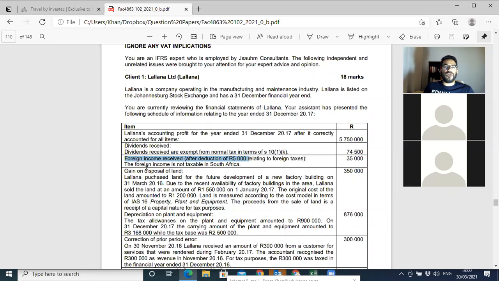Generally in the real world, this is to avoid double taxation on the same income. So I'm a company or an individual in South Africa, but I'm earning money from overseas. America is going to tax me. Now SARS also wants to tax me. I'm earning the same money and it's being taxed by two jurisdictions, South Africa and America. So countries have a double tax agreement in place.